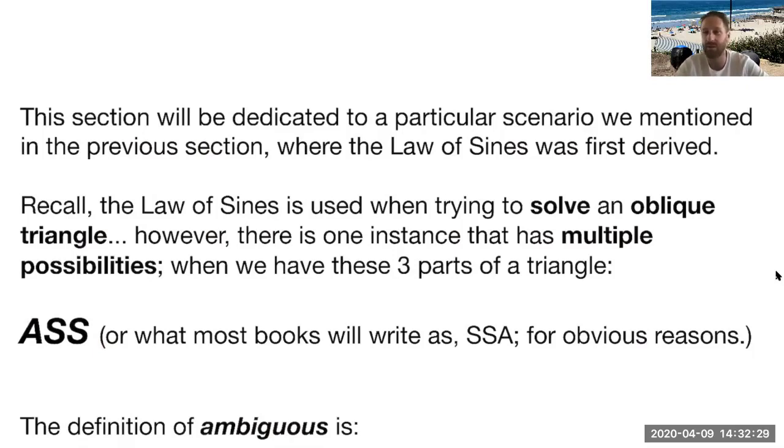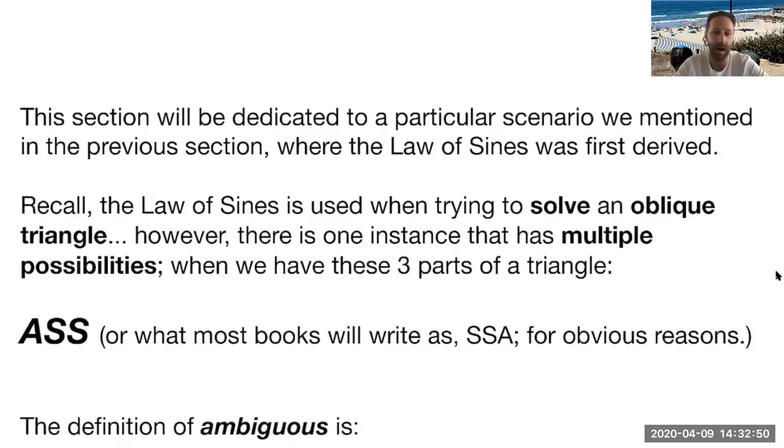Half of the unknowns, they're going to have to give us three of them. So in this case, when we were given an angle and then two sides, so that angle is not included. Most books aren't going to write ASS for obvious reasons. Okay, they're not going to put explicit words in the text.